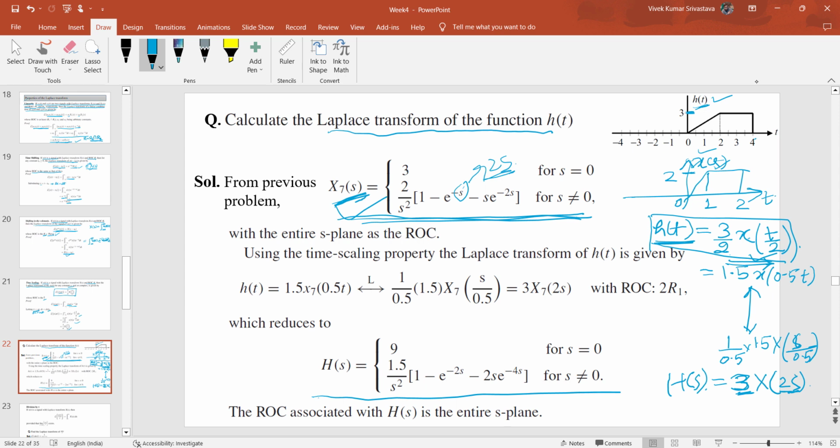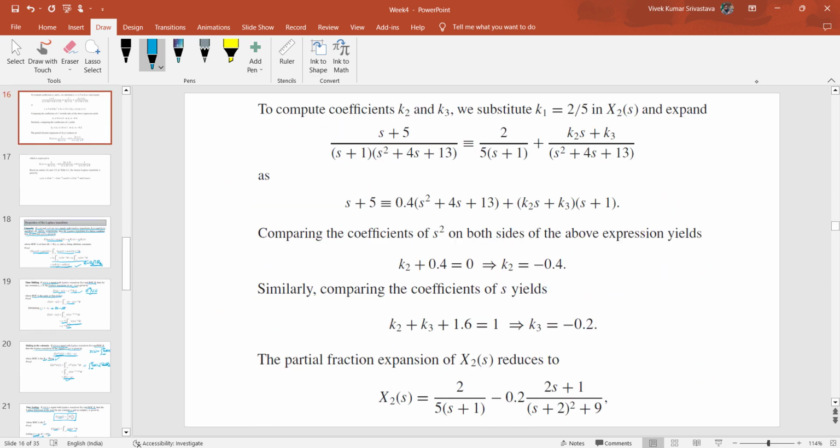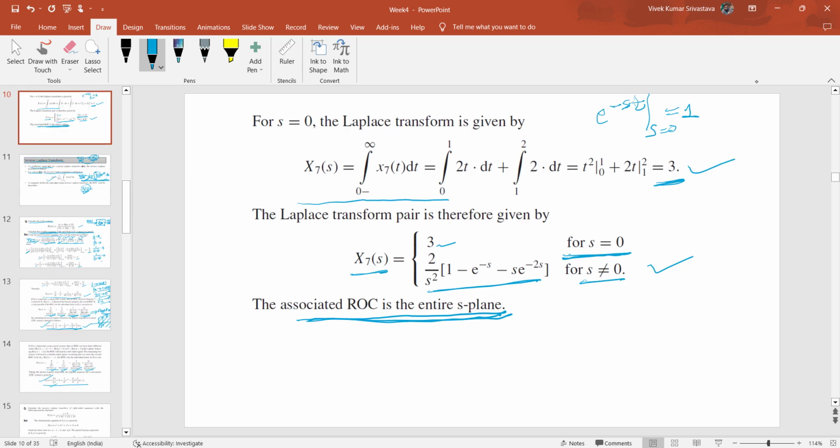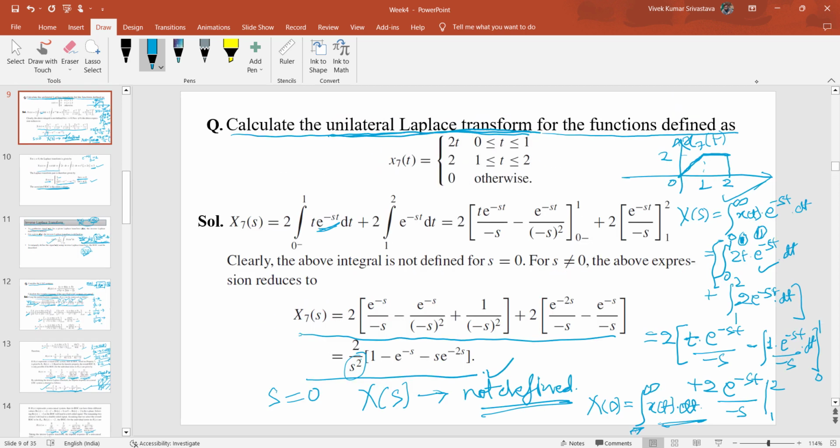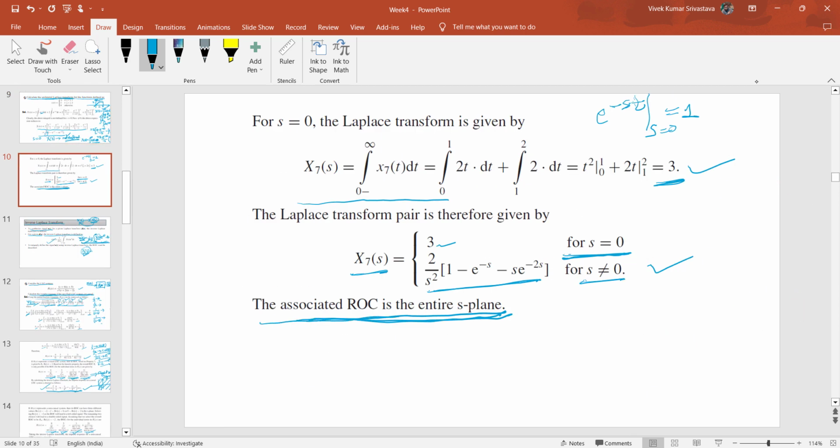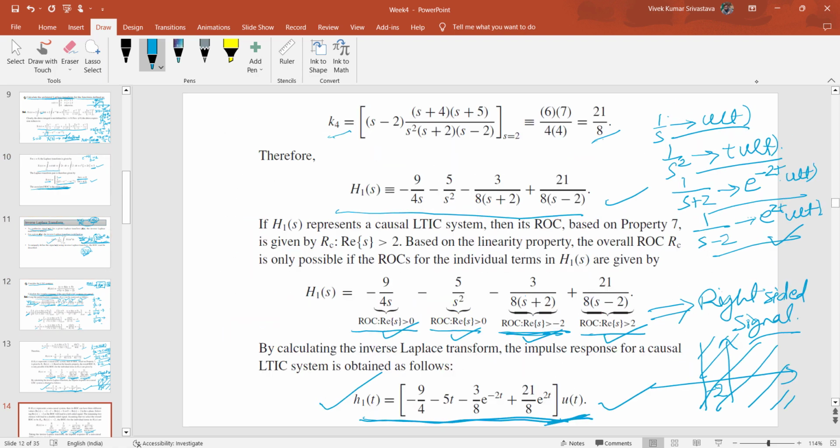Okay, and also here, like in the previous problem, yeah, this one. Here the ROC is the entire s plane.